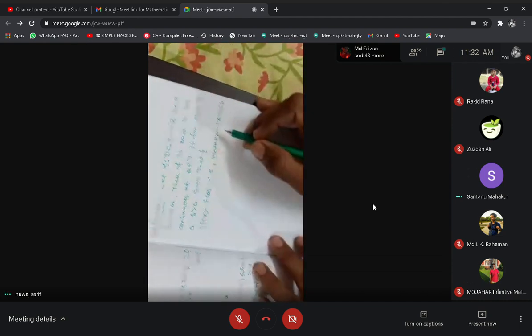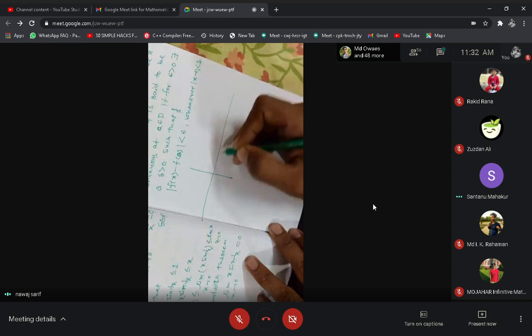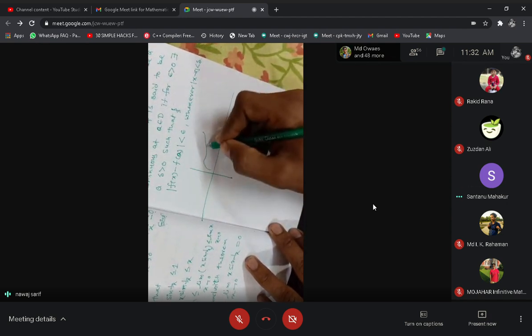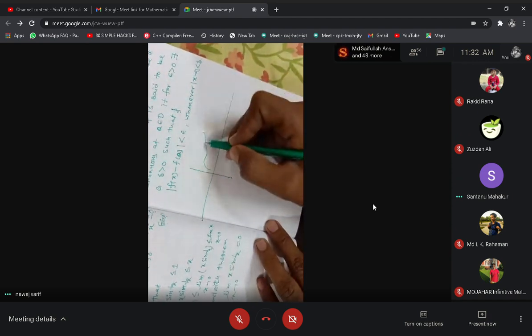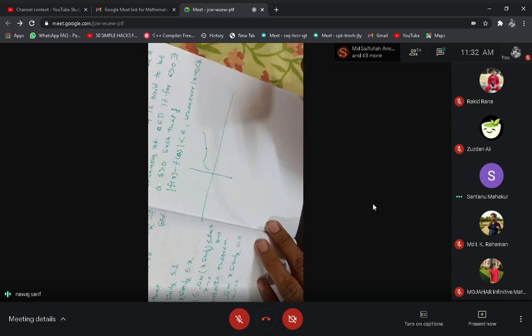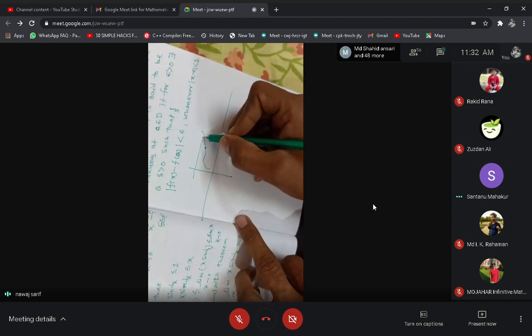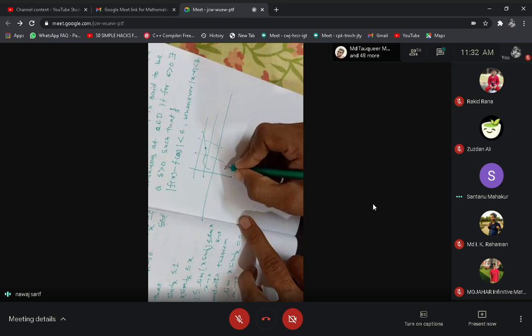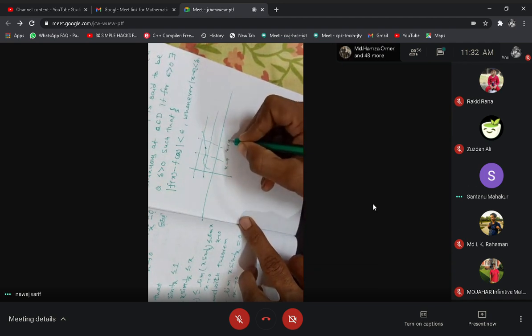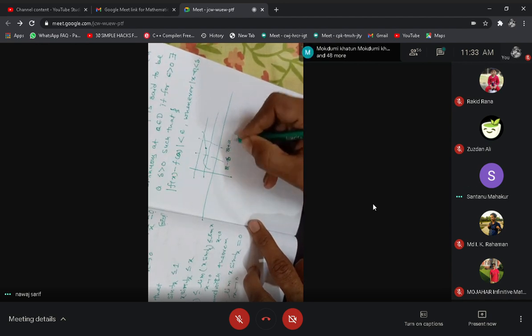Graphically, say this is some function f(x), continuous at some point a. Draw lines at a minus delta and a plus delta.